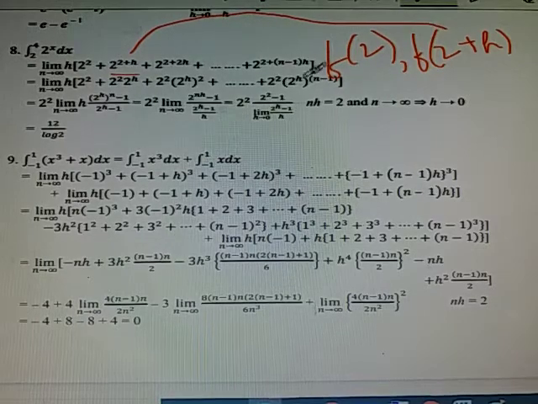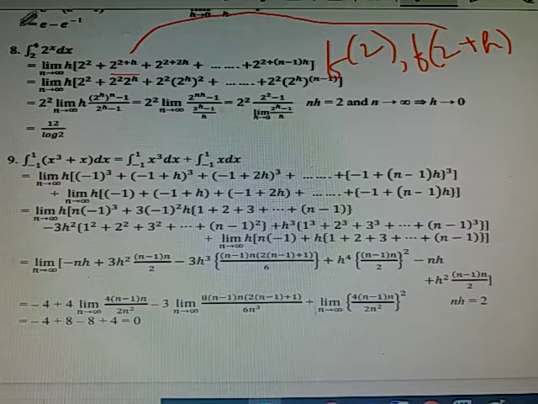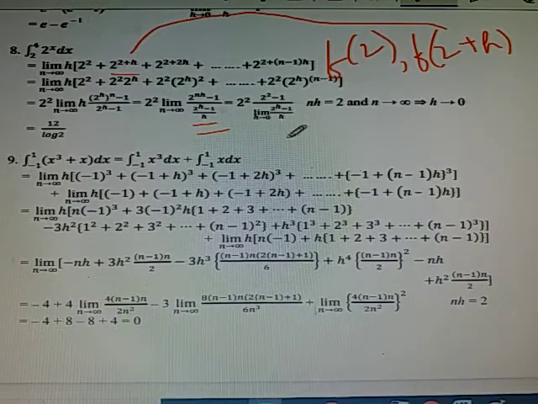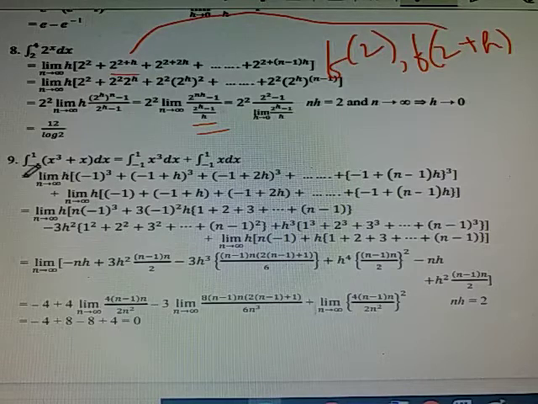So the same procedure as the previous two, 6 and 7, and take the limit. This limit is not 1. It will come in terms of log. Then this is again a polynomial.